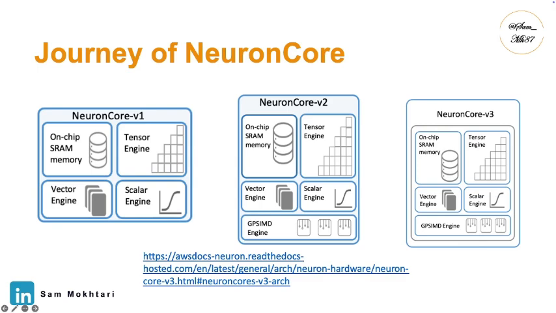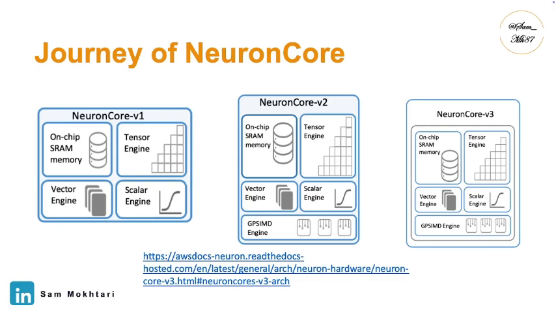So NeuronCore version 1 was the foundation. This processing unit, as you can see here, has three key engines. We have the tensor engine, which is for matrix operations, and the vector engine, which handles multi-element computation, things like layer normalization and pooling, which, if you are familiar with deep learning, you are quite familiar with.